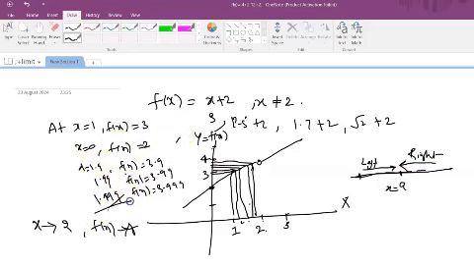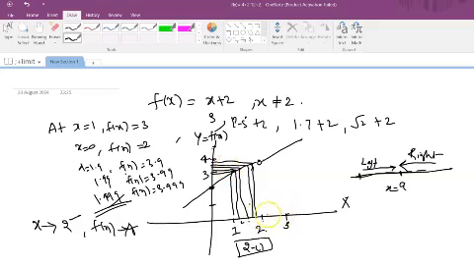All these points were below 2, so they were always left of 2. They were always 2 minus something, right? They were always short of 2. And when we were approaching from this side, the function was going to 4.